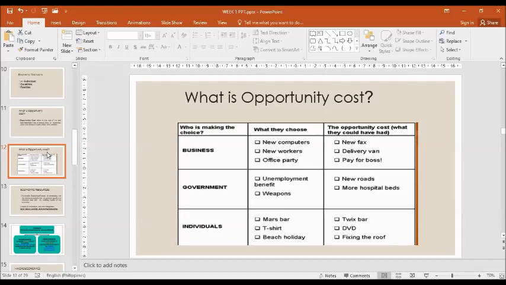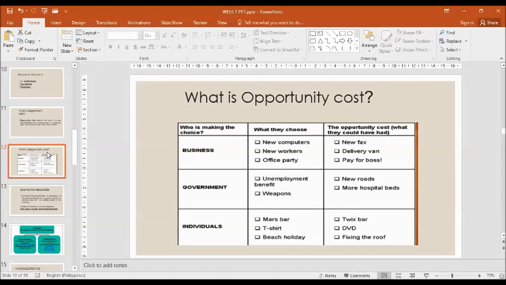In that business, for example, they choose to have new computers, new workers, and to have an office party. So the opportunity cost, or the value they could have had if they chose the other options, is, for example, the new fax, the delivery van, or paying the boss or manager.